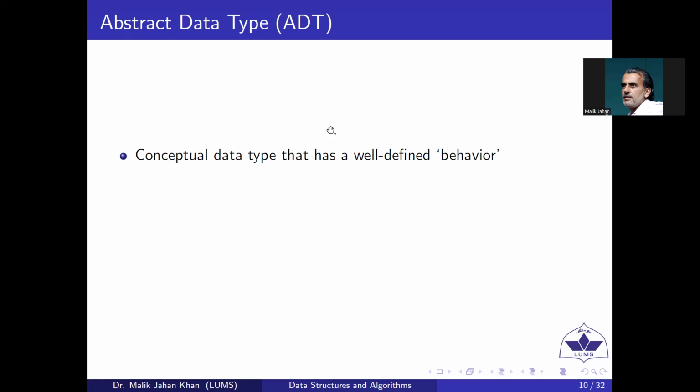Okay, abstract data types, we will keep on abbreviating them as ADTs. A conceptual data type, or abstract data type, has a well-defined behavior. By behavior, we mean what kind of operations can be performed on the objects of the data type. For example, we'll see things like stack, queue, priority queue, or friend on Facebook. Just imagine how people would have implemented Facebook.